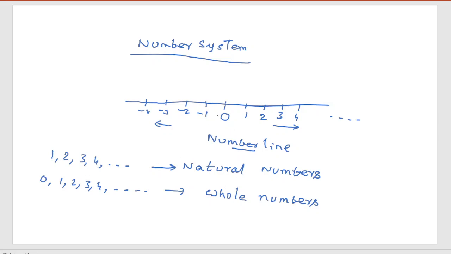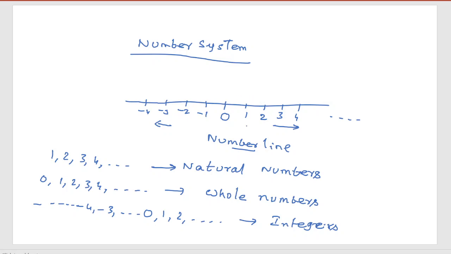And if you include the negative numbers also with the whole numbers, that means -4, -3, and so on, 0, 1, 2, and so on, we call these integers. The numbers which have already been mentioned on this number line, all of these numbers we call integers.